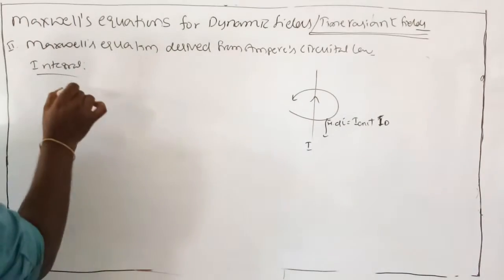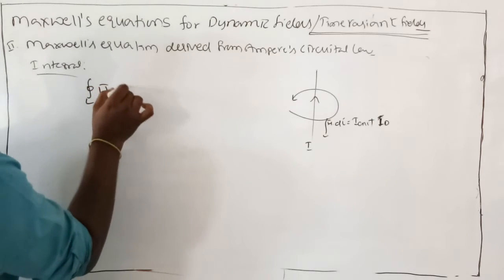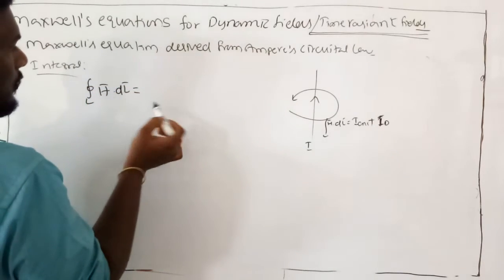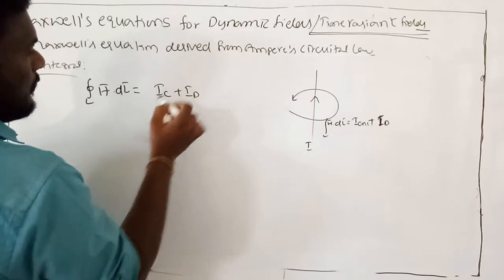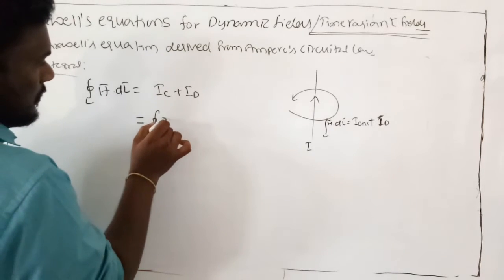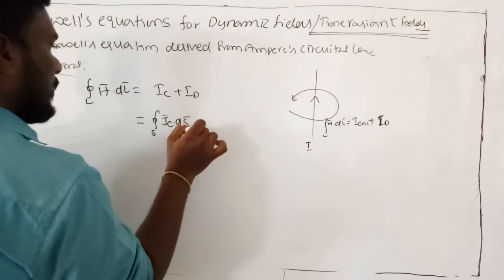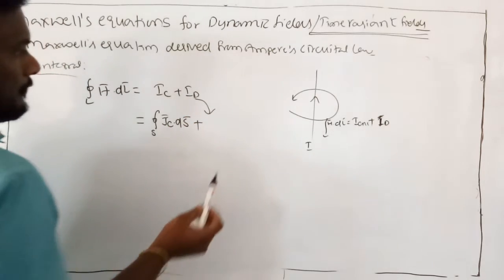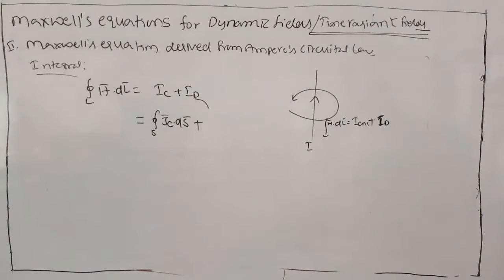So I am writing the integral form of Ampere circuital law like this: H bar dot dl bar is equal to conduction current plus displacement current. What is conduction current in terms of current density? It is the surface integration of Jc bar dot ds bar. What about displacement current? Displacement current is dou D bar by dou t.